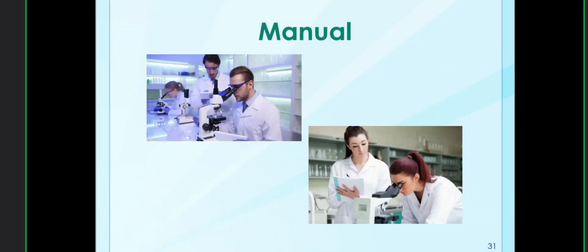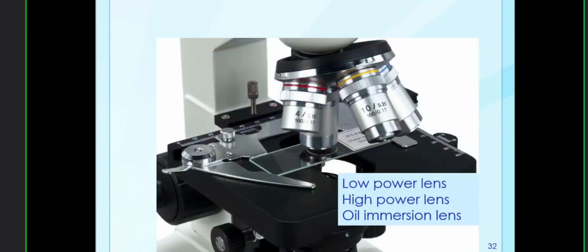For maybe three decades, when we tested blood samples, we basically tested the different samples, blood samples and urine samples, manually. We needed to use the microscope to observe the different types of WBC and to count the numbers of the different substances.